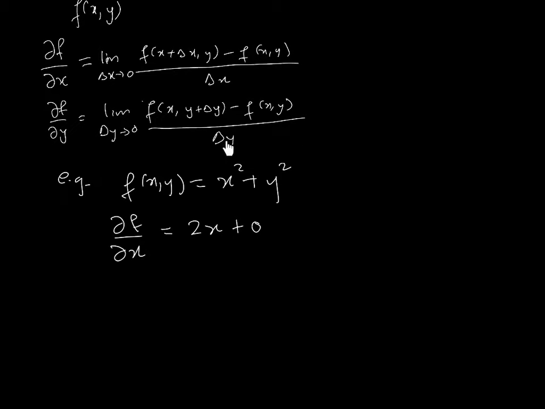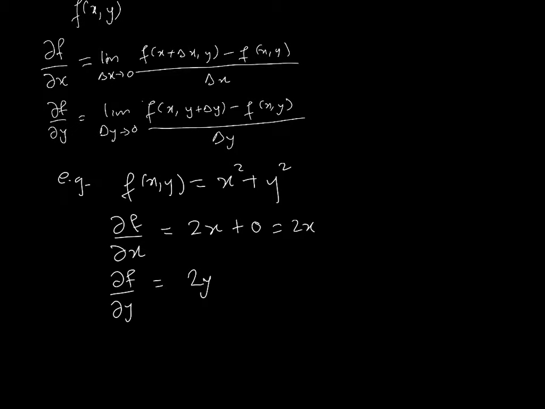The change is only in x, so y remains constant. When we differentiate with respect to x, y squared is just like any number, so we treat it like a constant. The derivative of a constant is of course 0, so it's just equal to 2x. In a similar way, the y derivative of f is 2y, since the derivative of x squared with respect to y is 0.